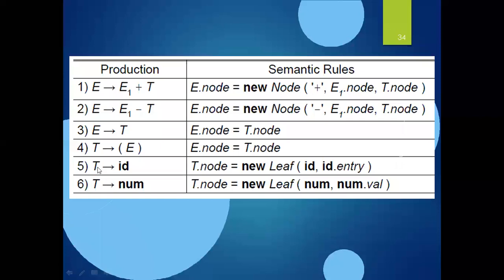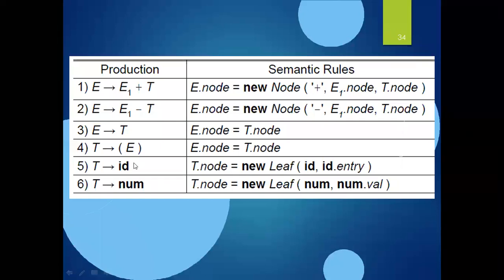While coming to T tends to id, where id is a terminal here, make a note. If you have a production like this, how do we write the syntax rule function? Make leaf of. Leaf is for terminals, node is for the variables. That is, for the non-terminals we represent nodes, for the terminals we represent leaves. Is it clear?